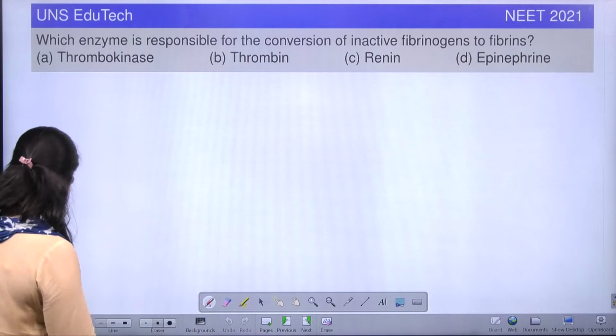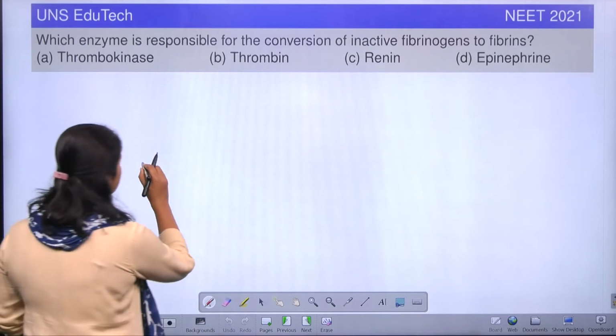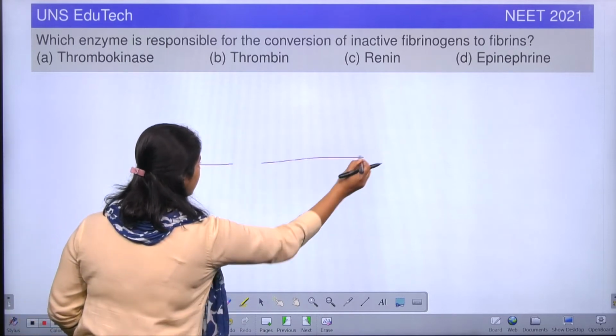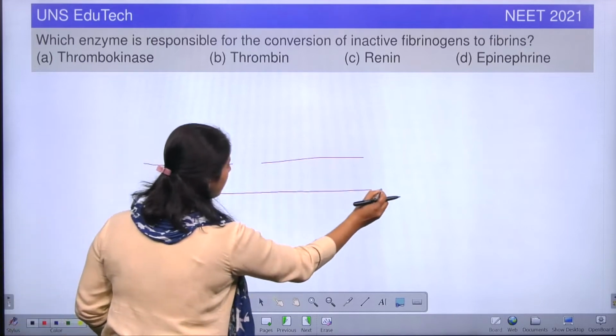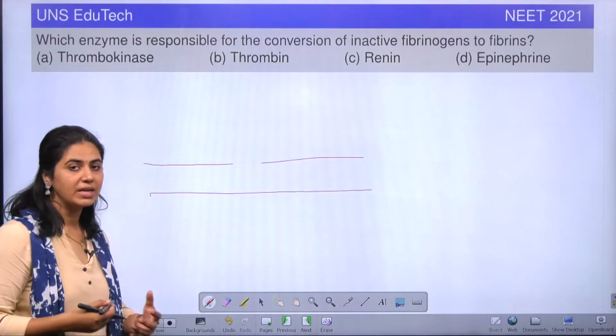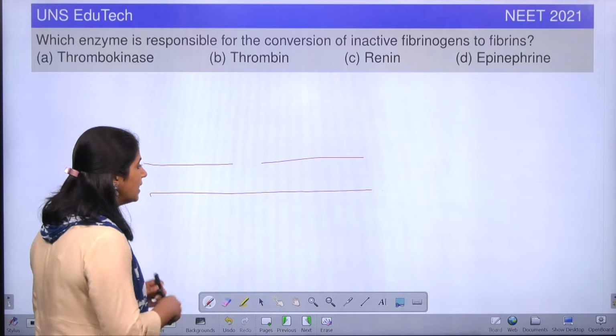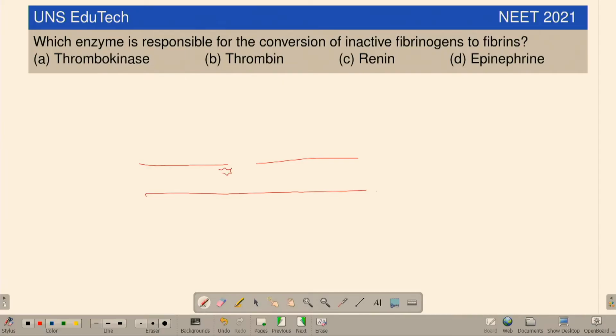So normally if there is a blood vessel and it gets a cut like this somewhere, what happens first? It triggers some activity in the cell and the platelets present in the cell come and are attracted to the site of the wound, right? These platelets in turn attract the RBCs, right?